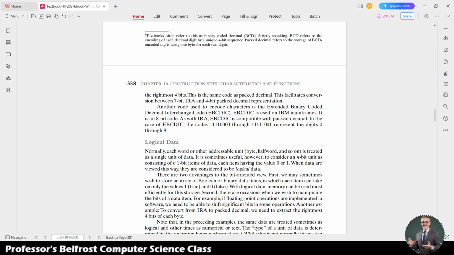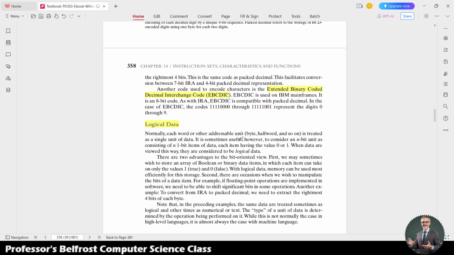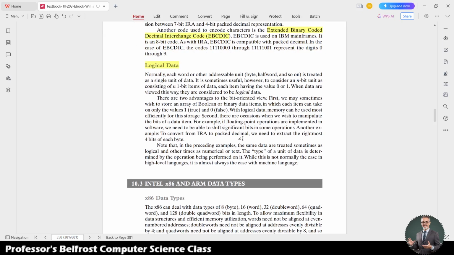Another code used to encode characters is Extended Binary Coded Decimal Interchange Code, for IBM mainframes. I won't go into great detail, but this is quite important for you to know.